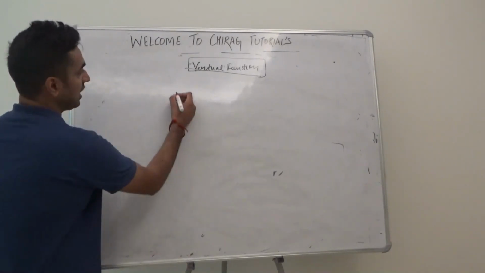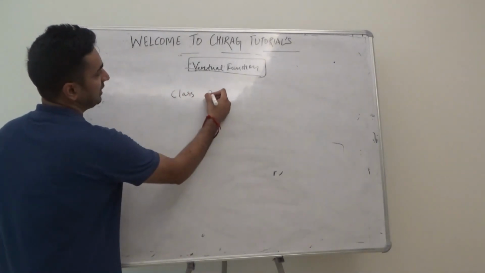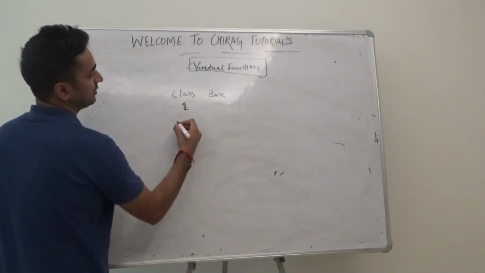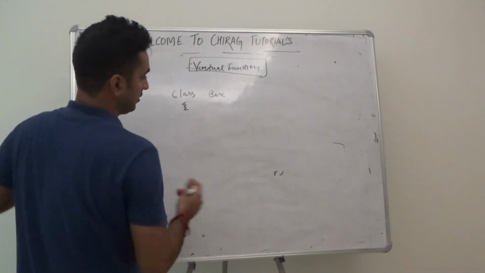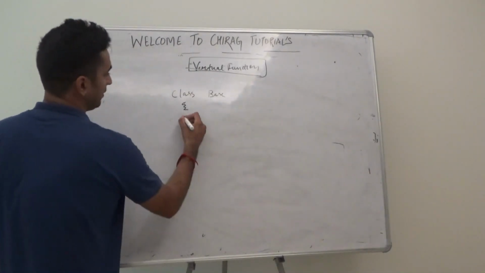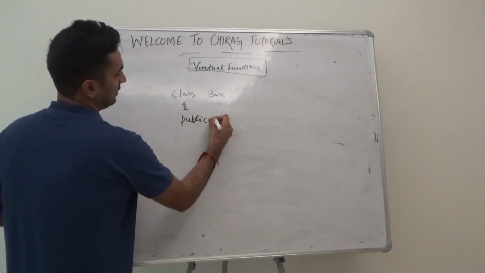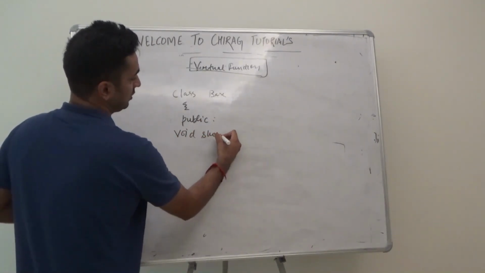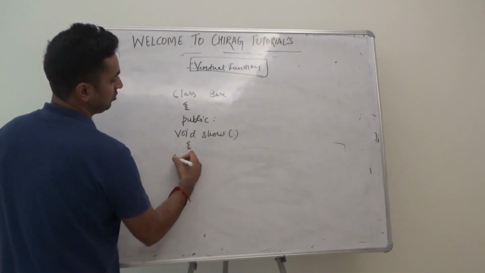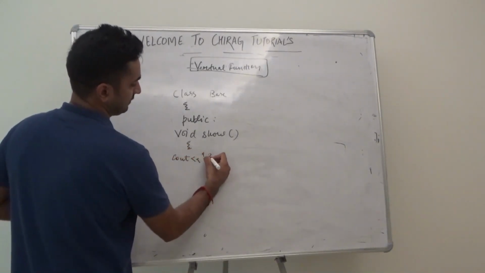So we have a class, let's say class Base, and in this we are writing public, and we write void show, and I just write cout Base.